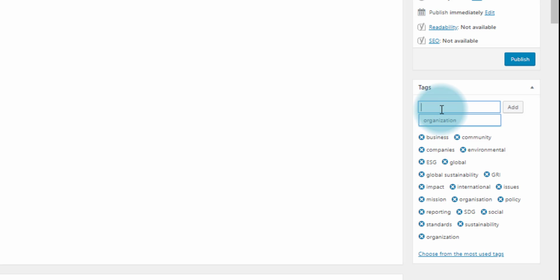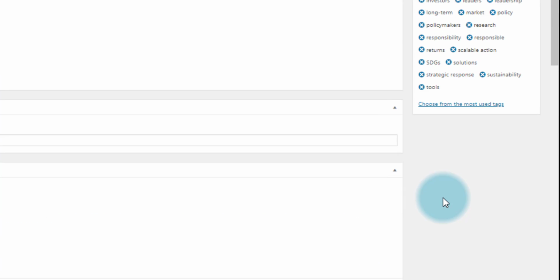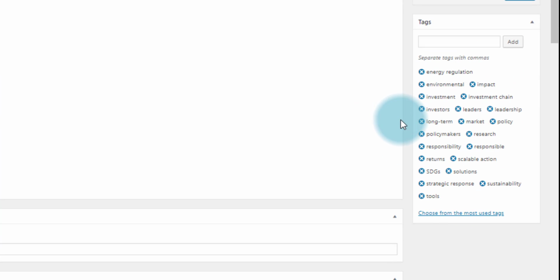And we might actually have SDGs as well. Okay. Another example here. So you see that there's policy, policymakers. So there are slight variations to each of the words.